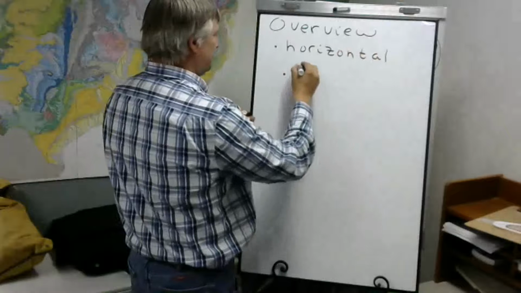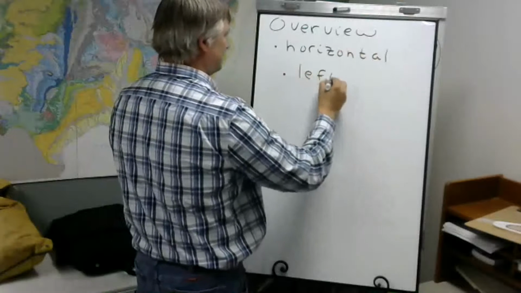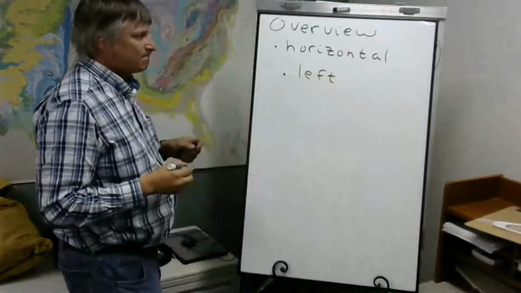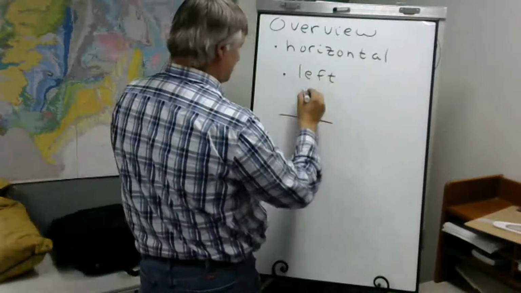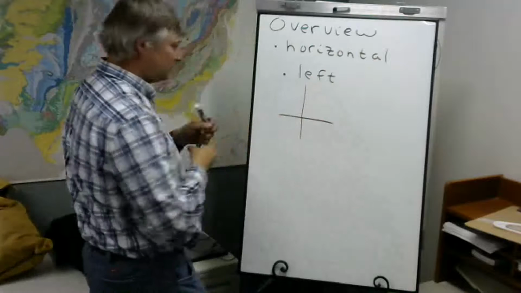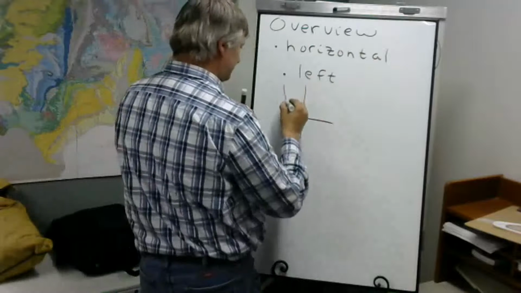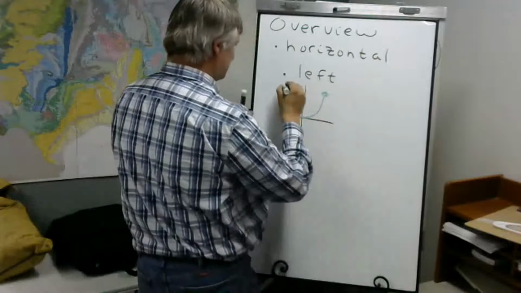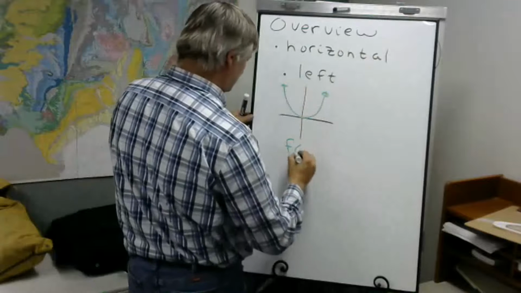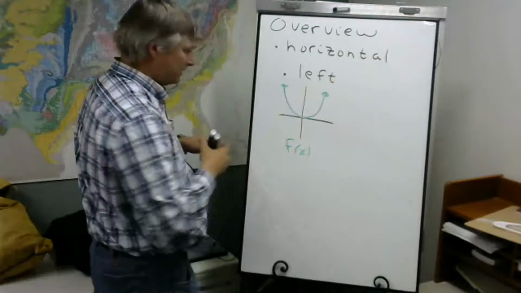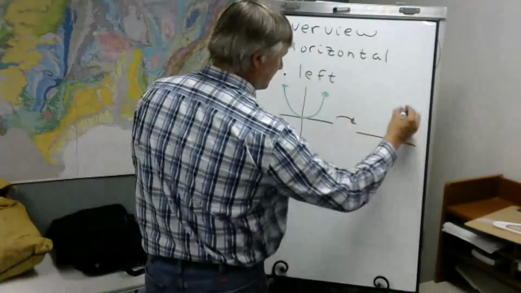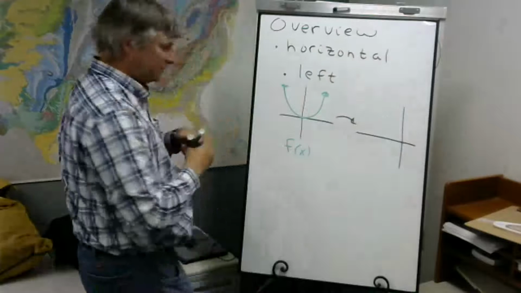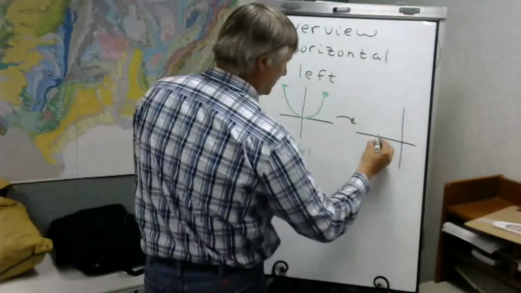So let's say we're going to shift left. In this case, we have our parabola and we're going to shift it to -c.